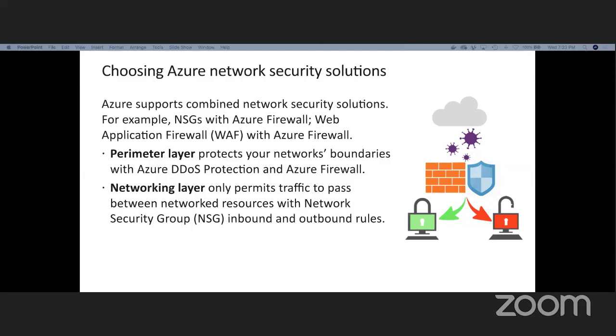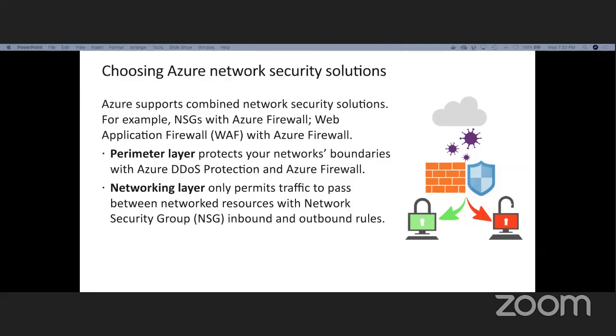The perimeter layer protects your network boundaries with Azure DDoS Protection and Azure Firewall. So this slide uses the defense in depth perimeter and network layers as examples. Okay, now something that you have to consider: discussing the Azure networking security solutions at each layer is beyond the scope of this course.